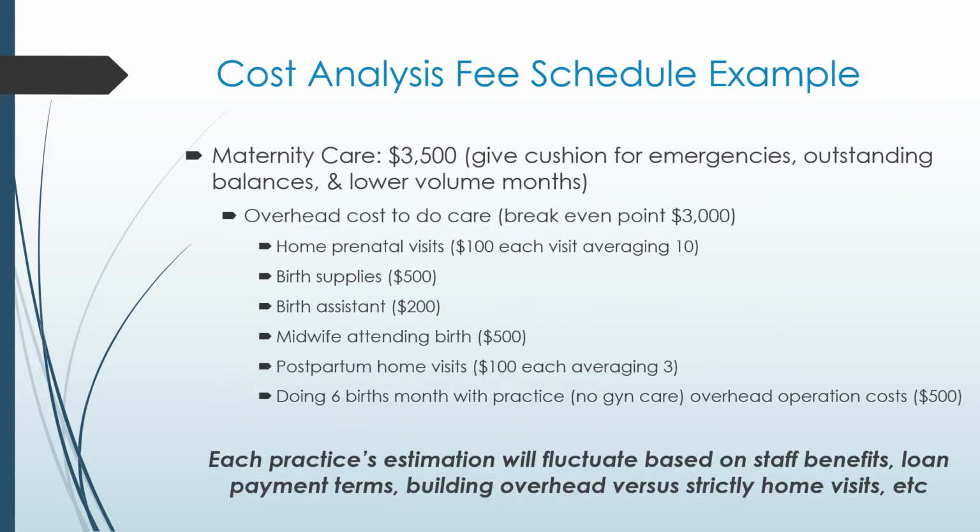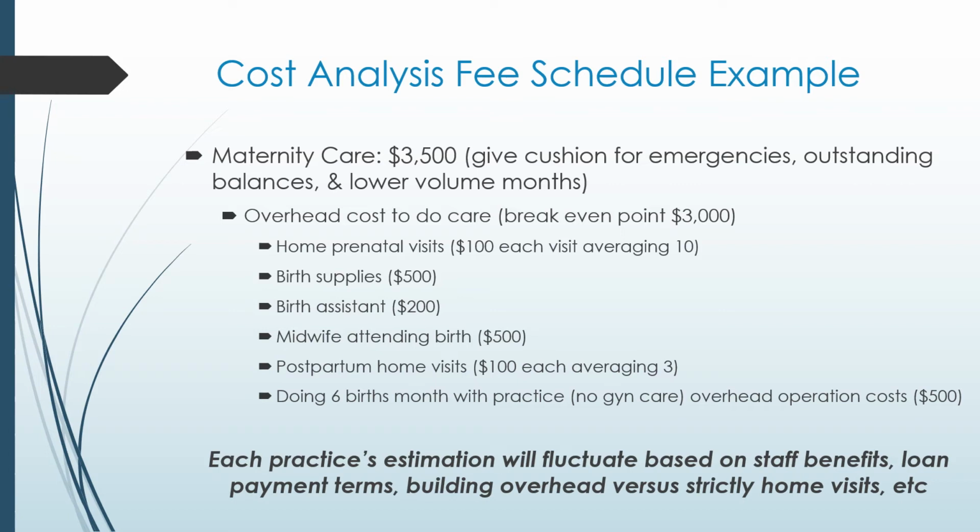So for the cost analysis, like in this example, we had talked about maternity care being $3,400, and this is how I calculated it out. When I gave the first example of $4,000, it was based on 200% of the Medicare allowable rate. So if you're doing a cost analysis, $3,500 would give you a little bit of a cushion.